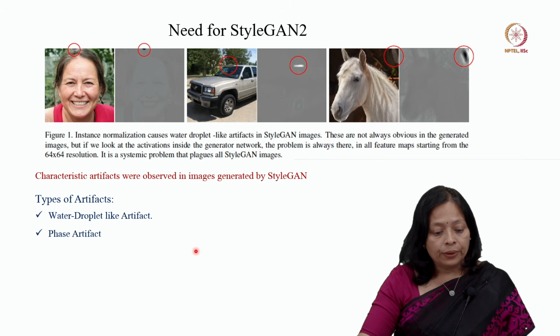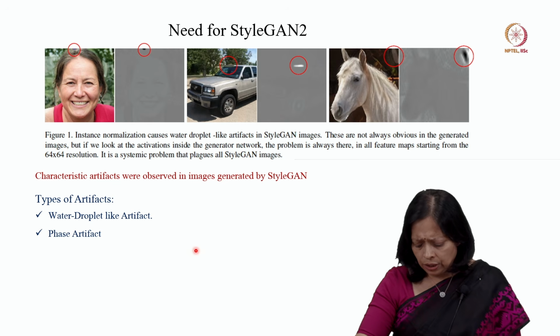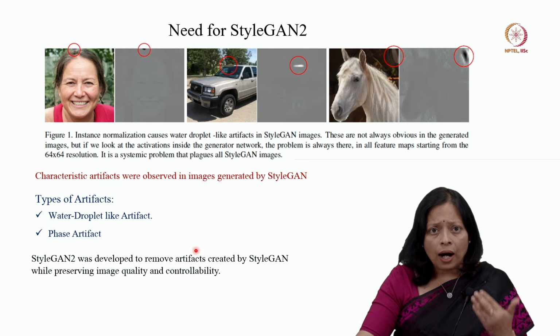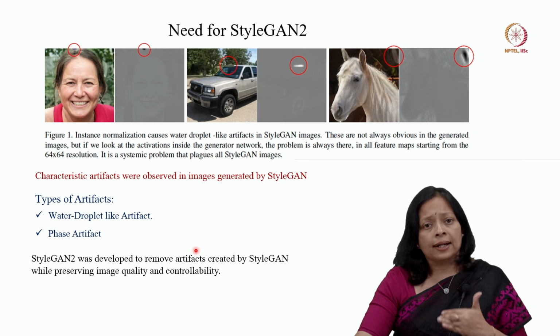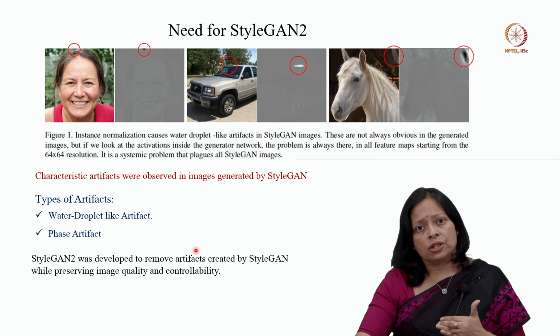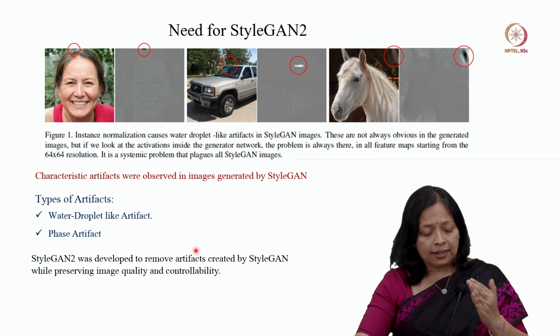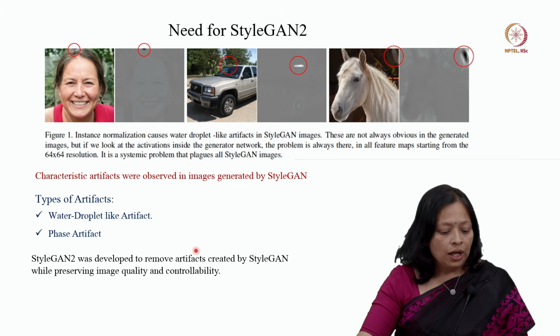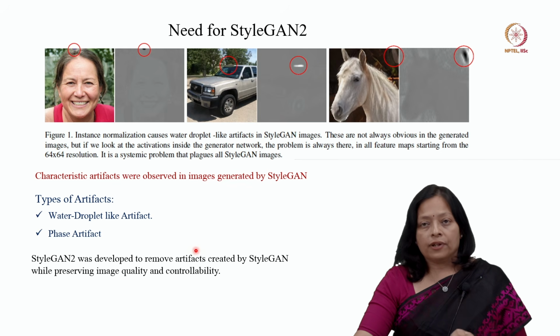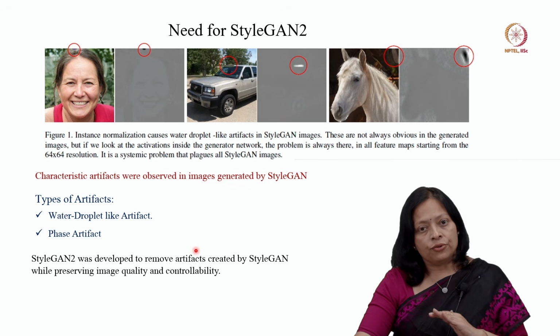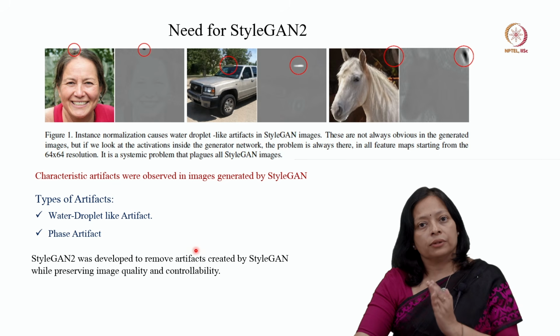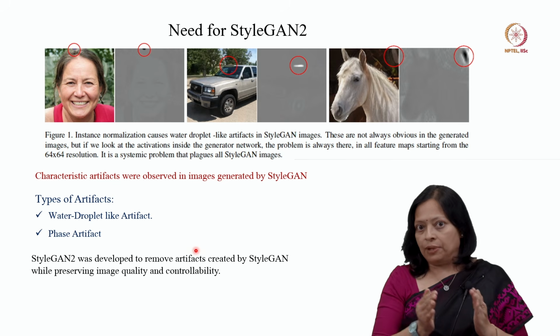Now, we will have a look into how the architecture of StyleGAN was changed so we do not get any of these artifacts. StyleGAN 2 was developed to remove these artifacts. That is the main reason for StyleGAN 2 coming into the picture.